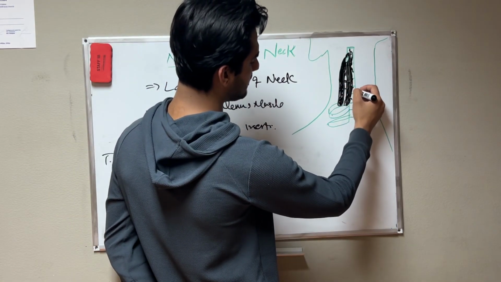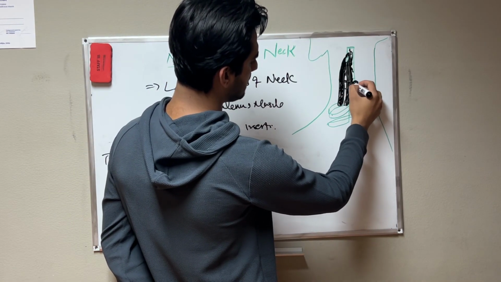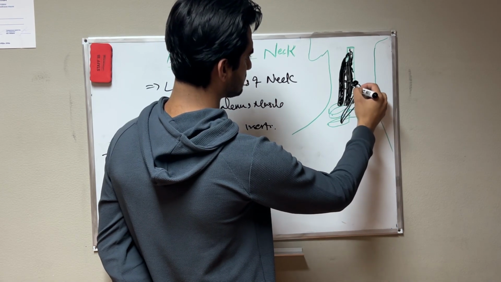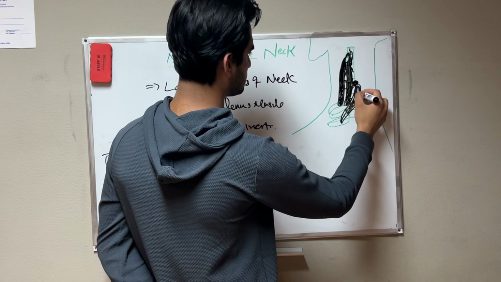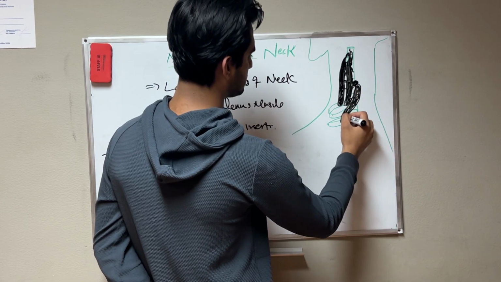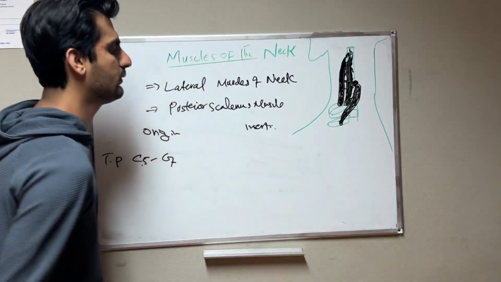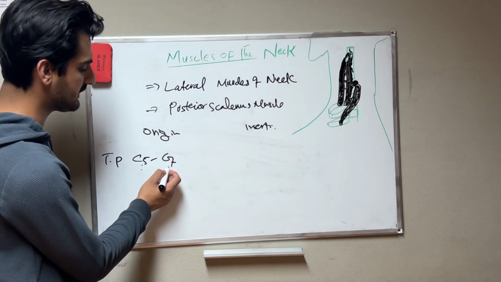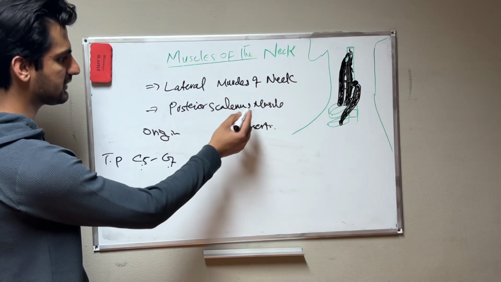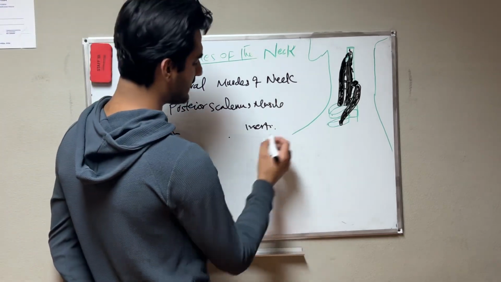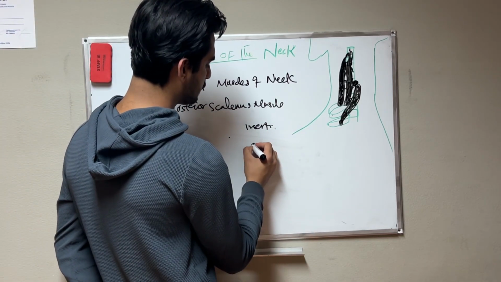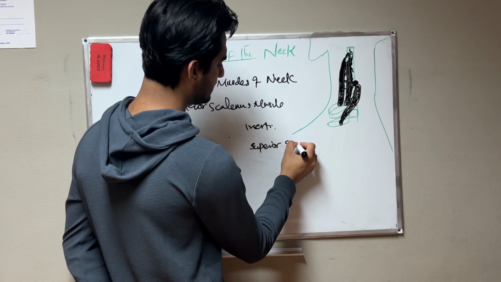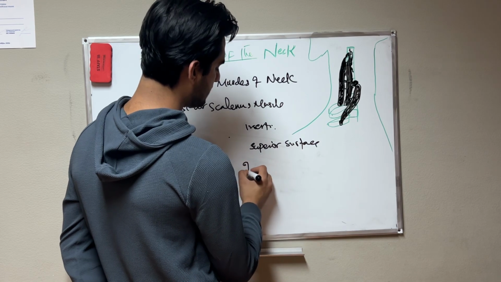From C5, here, it is inserted like this into the second rib. Its insertion is on the superior surface of rib 2.